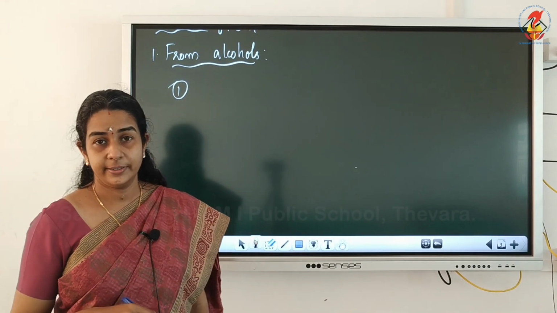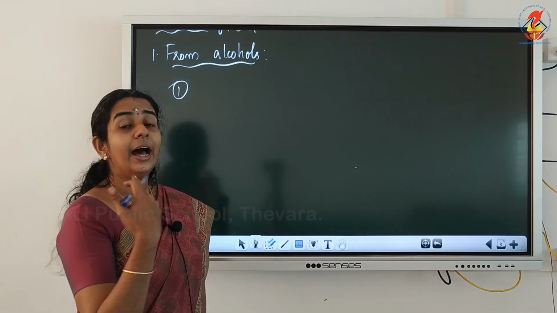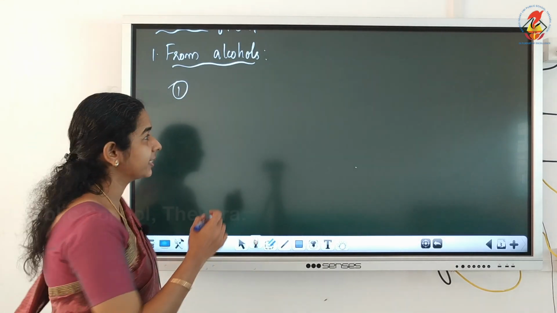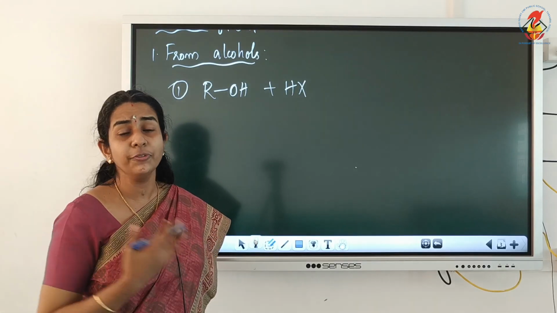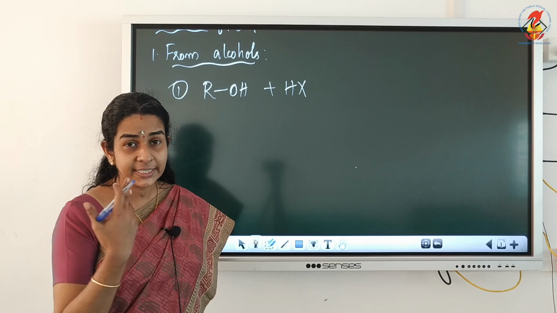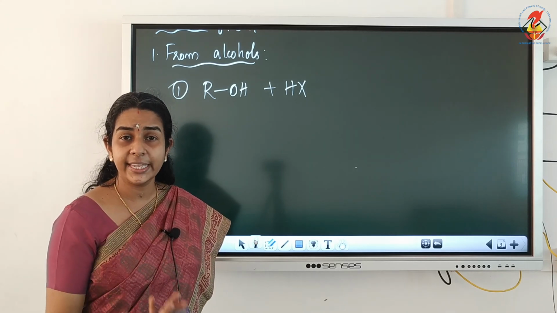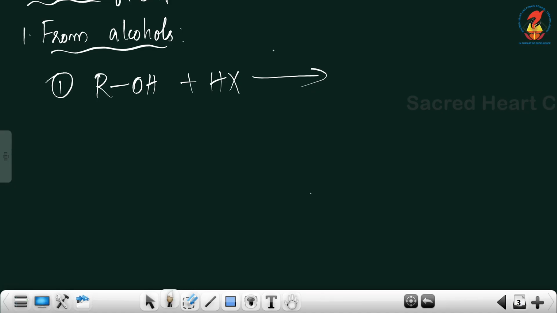The first reagent that we can use for the preparation of alkyl halides from alcohols is HX. X can be fluorine, chlorine, bromine or iodine. That means we can treat alcohol with HCl, HBr, HI, HF, etc. But we require a catalyst, that is anhydrous zinc chloride.